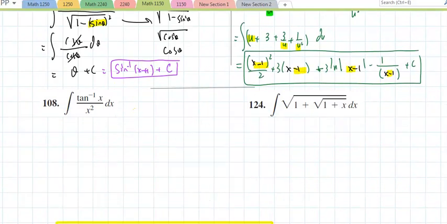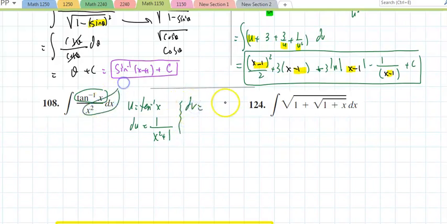Well, I know exactly what to do with an inverse trig function or log. I always let u equal that. No exception. If du will do it, you're in good shape, but du doesn't do it. It's 1 over x squared plus 1. So that means dv must be whatever's remaining.